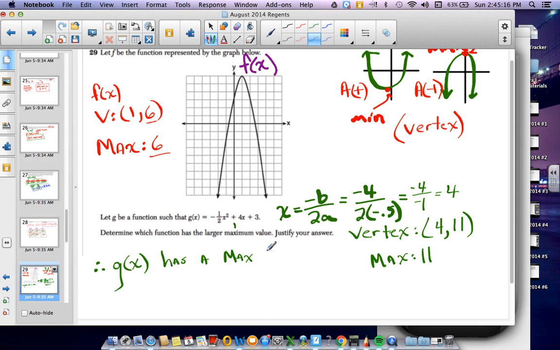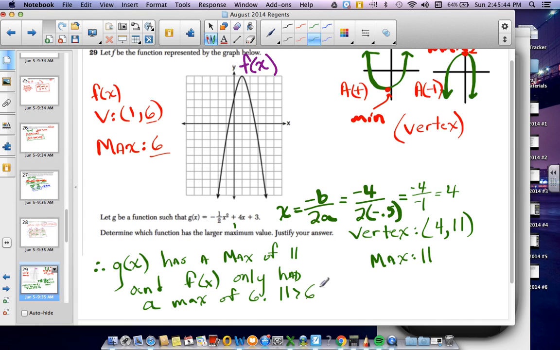But we'll just close it off here. You don't want to just guess and put one or the other. That's worth no points, even if you guess correctly. g of x has a max of 11, and f of x only had a max of 6. And obviously we know 11 is greater than 6.